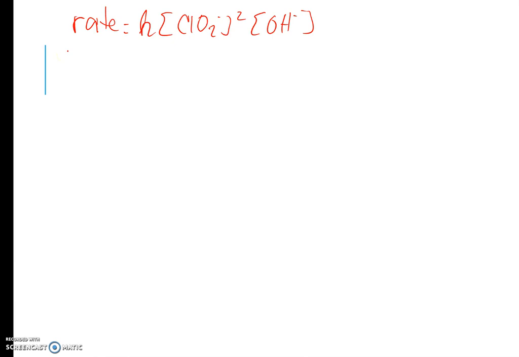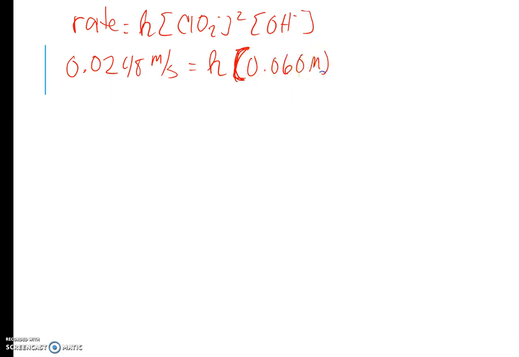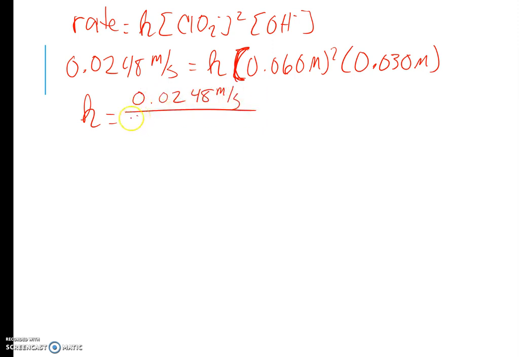Using the data from experiment 1, we see that the rate is 0.0248. And we have our k. Our concentration for ClO2 is 0.06 squared, and then our concentration of hydroxide is 0.03. If we solve this, then k is equal to the rate over the concentrations.